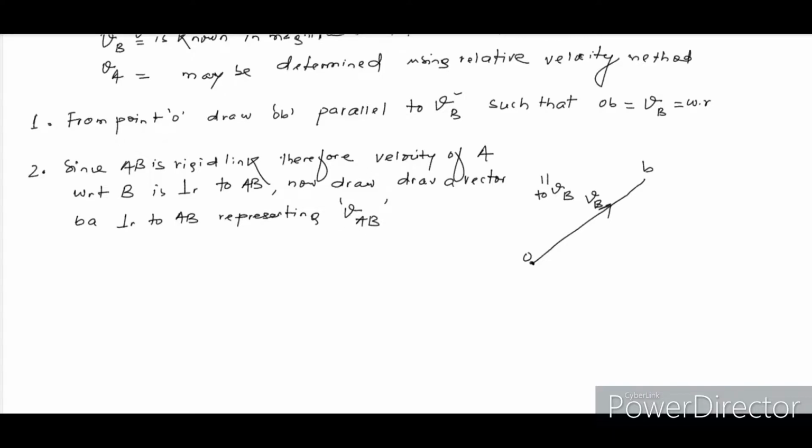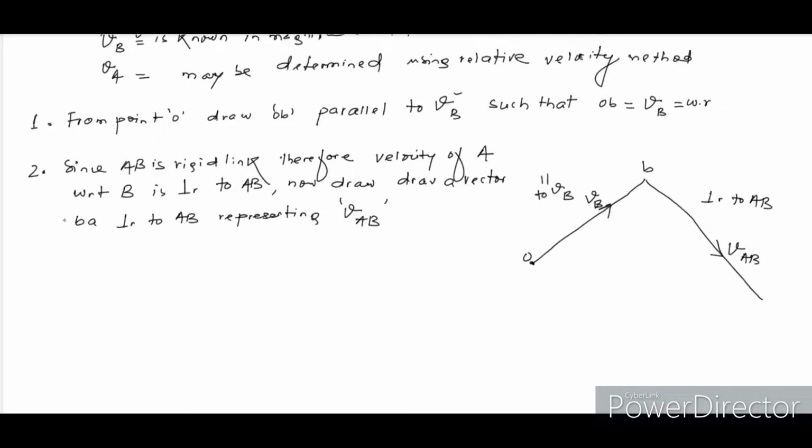VB is the absolute velocity at point B. From point b, we draw a line. We don't know its magnitude, but its direction is that it is perpendicular to AB, like this, VAB. Magnitude yet to find.